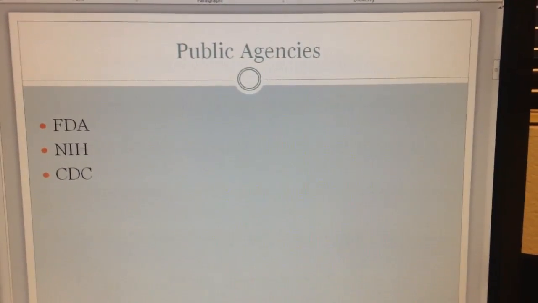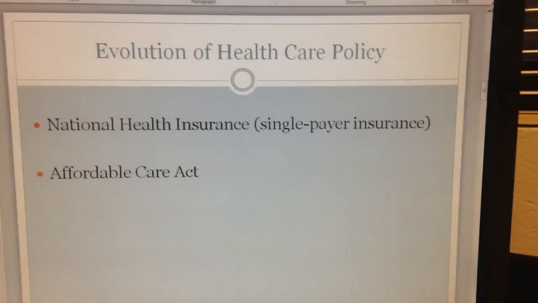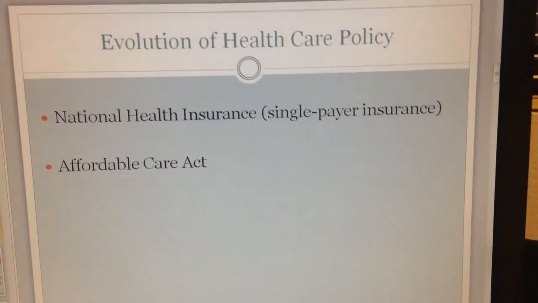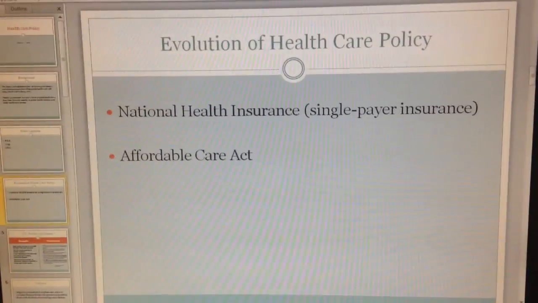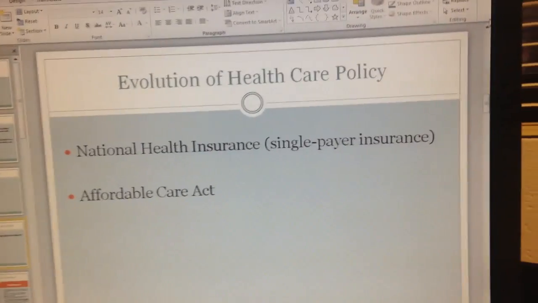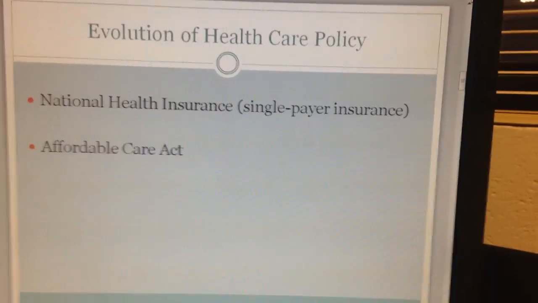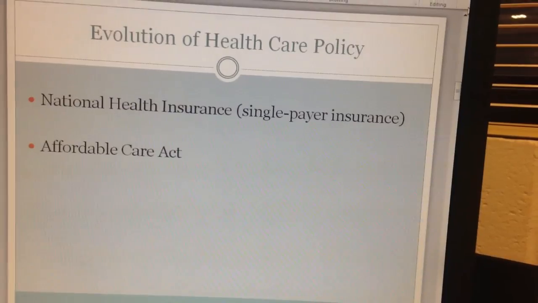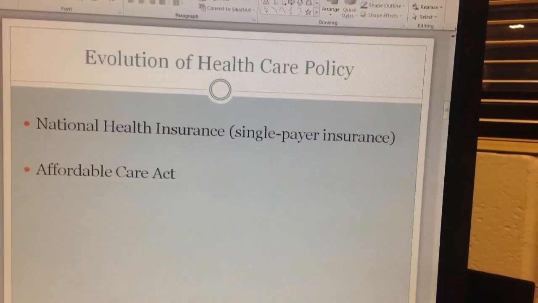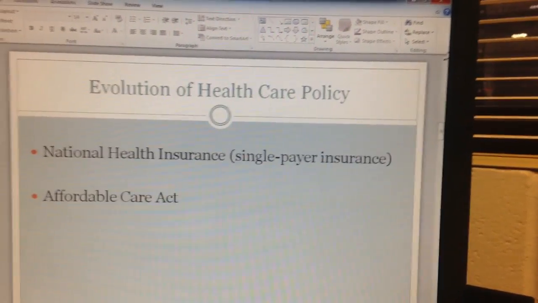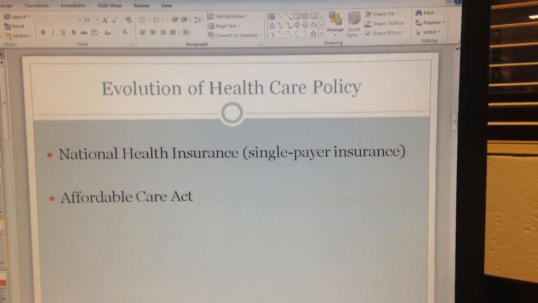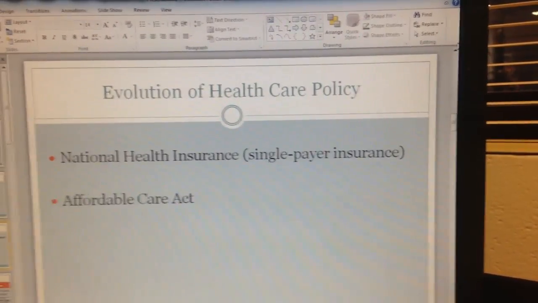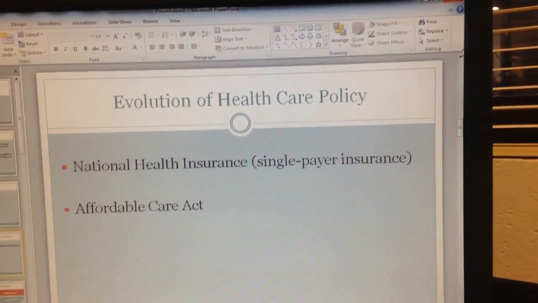Moving on, we can talk about the evolution of healthcare policy. So I'll go through a brief history here. In the years following the Civil War, hospitals became either private or public, so one or the other. The earliest efforts of doctors to create a professional organization started in the mid-1800s, and that was the American Medical Association.